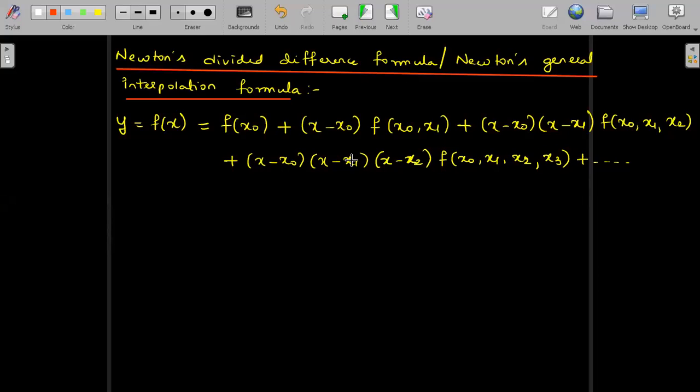This formula is known as Newton's divided difference formula or Newton's general interpolation formula.